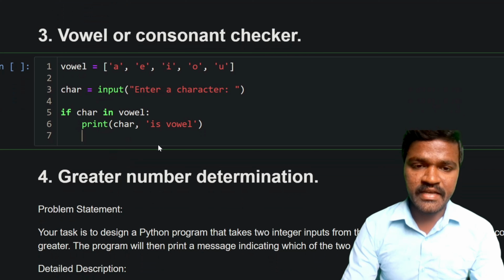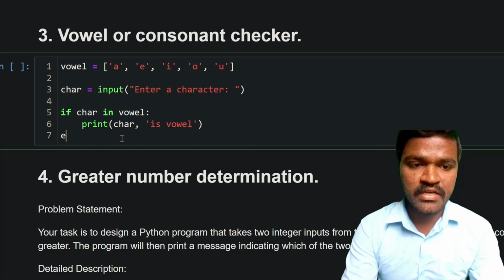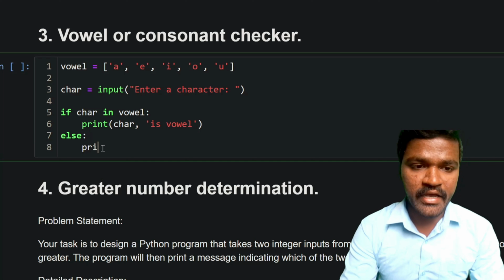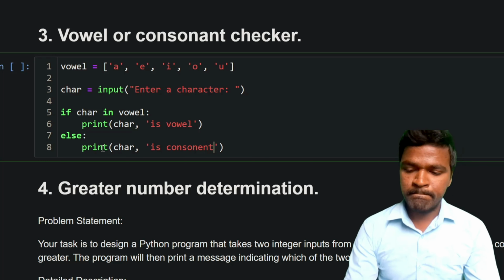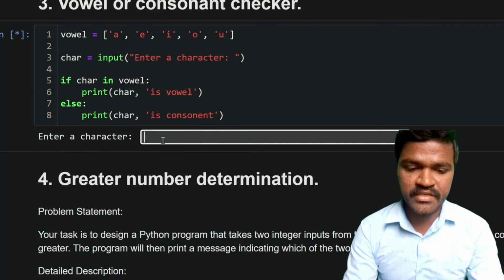If this condition fails, if I get a consonant as input, I am going to the else block, and in this else block, I am printing character is consonant.